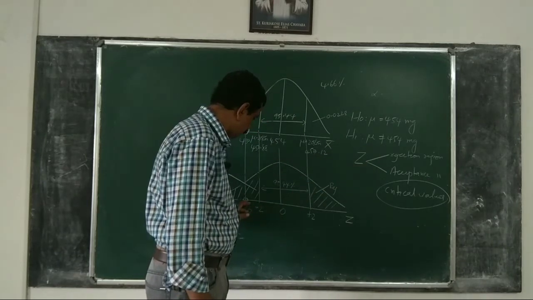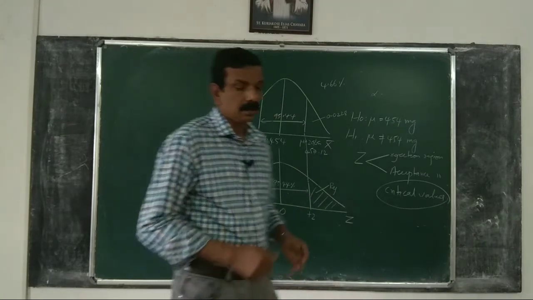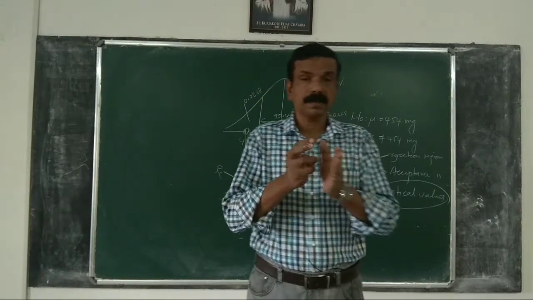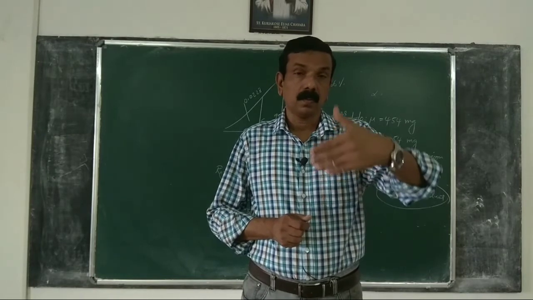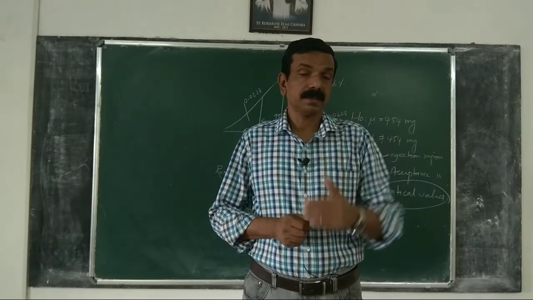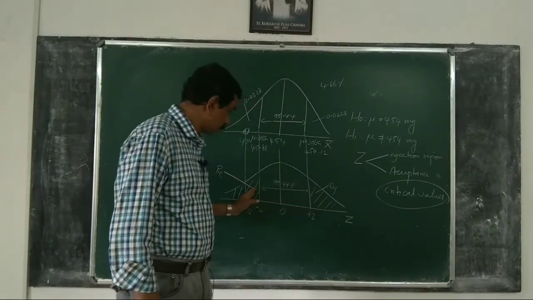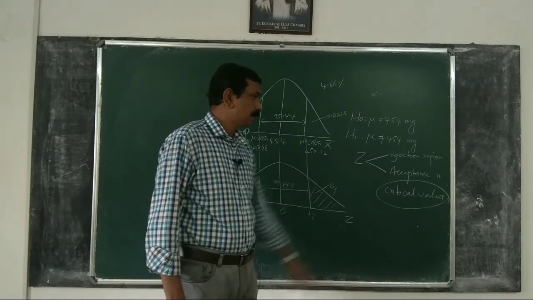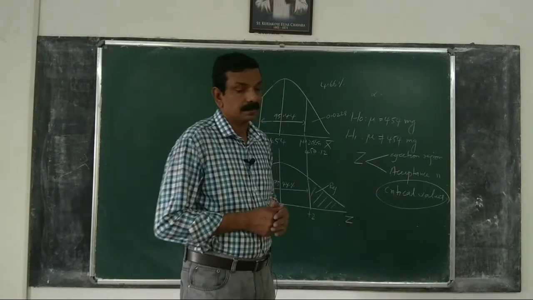In our case, it is -2 and +2. The critical values are the values of the test statistic which segregate values that are highly unlikely under H0 from those that are highly likely under H0. So: acceptance region, rejection region, and critical values.